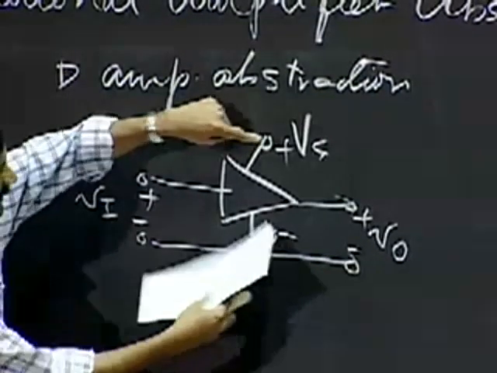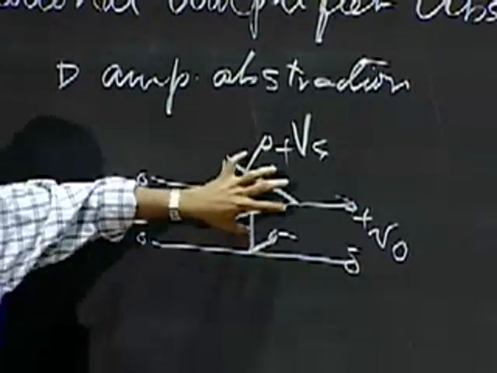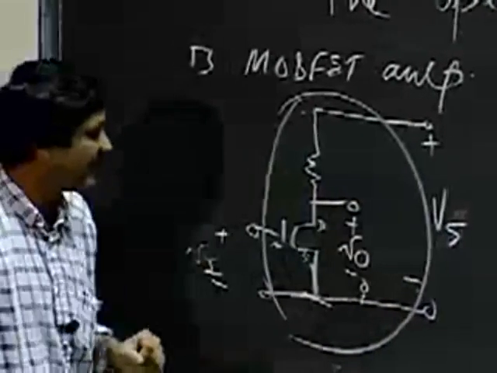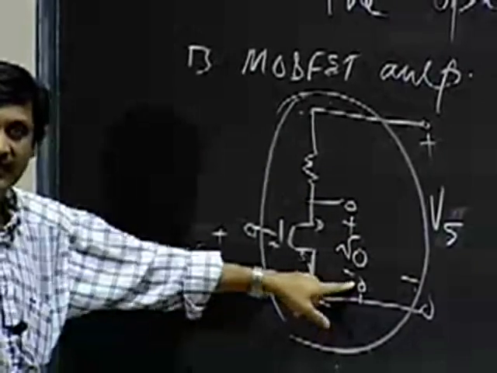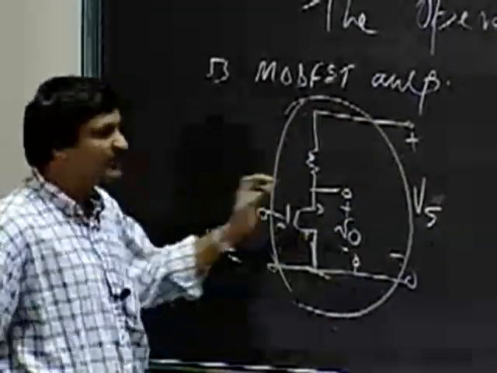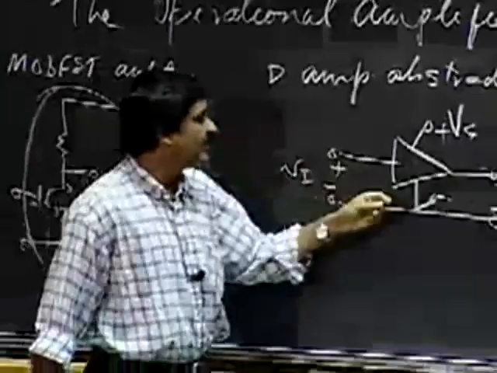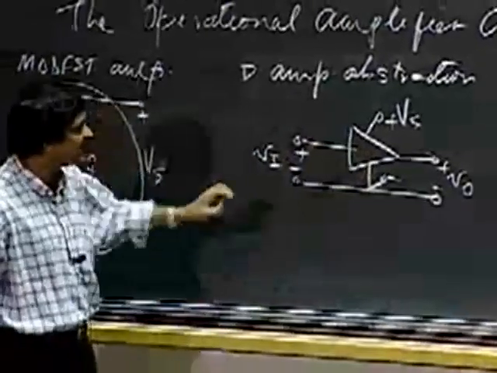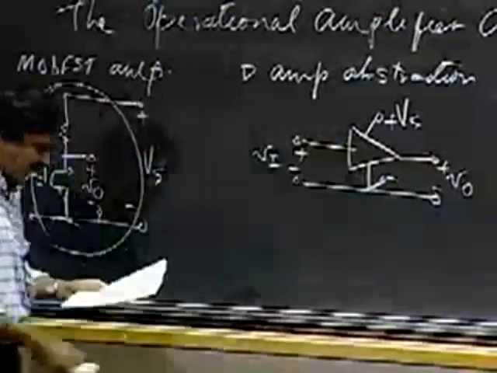Okay, so I can apply Vs here. And notice that I've taken these 6 terminals here, 1, 2, 3, 4, 5, and 6, all right, and put a box around it and just expose the terminals to you. And I need to tell you a little bit more about the internal properties, but suffice it to say that you can begin working with this little block.